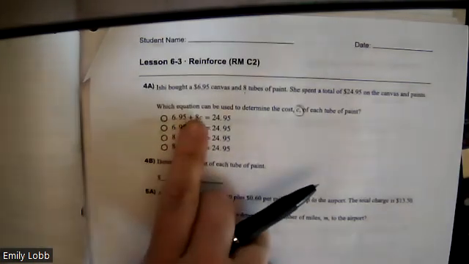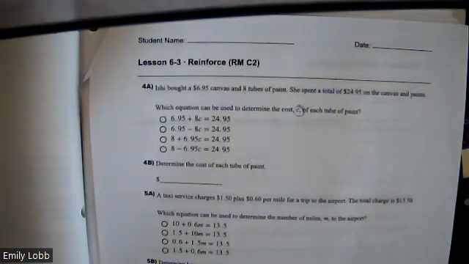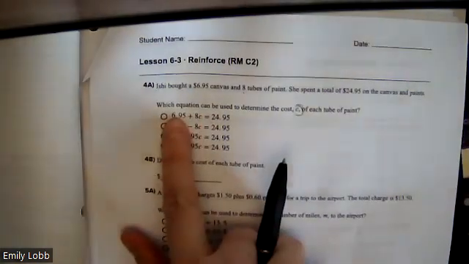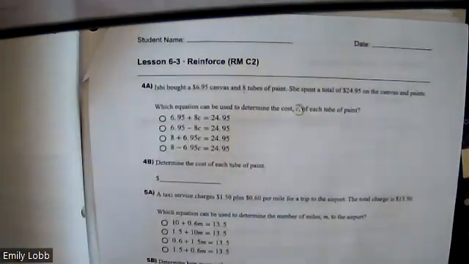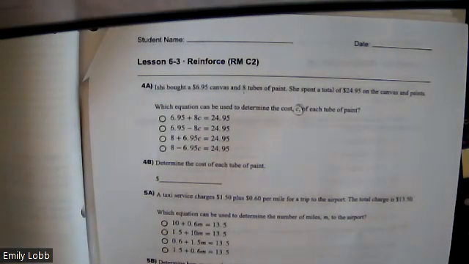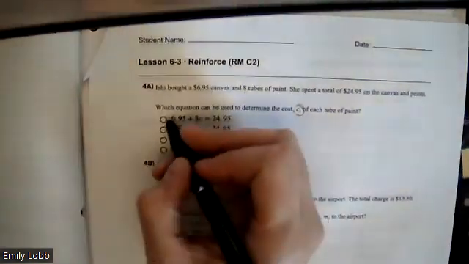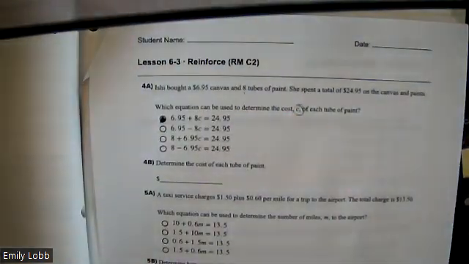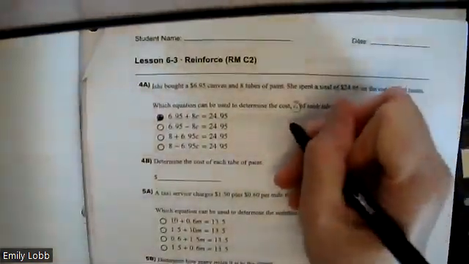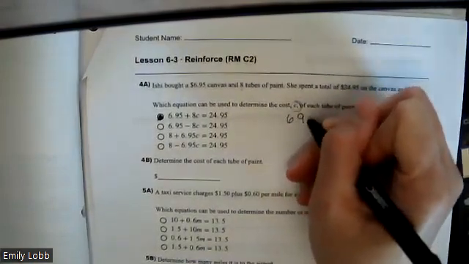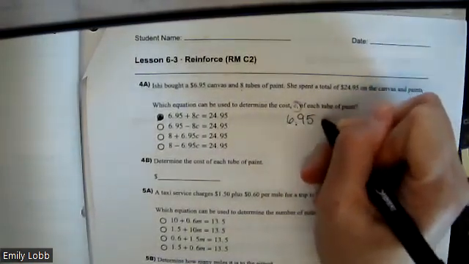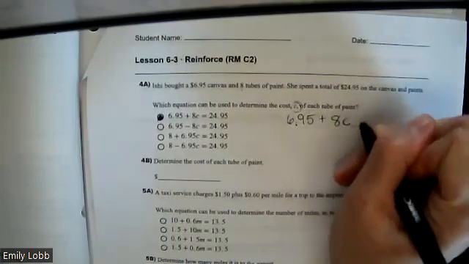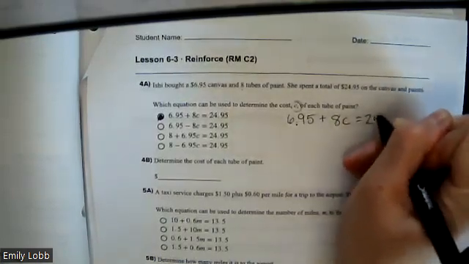So we can choose from the top 2. Are we adding it with the canvas cost, or are we subtracting it from the canvas? We would add it because it's a total amount. We're paying for the canvas and for the tubes of paint. So now we simply have to solve $6.95 plus 8C equals 24.95.